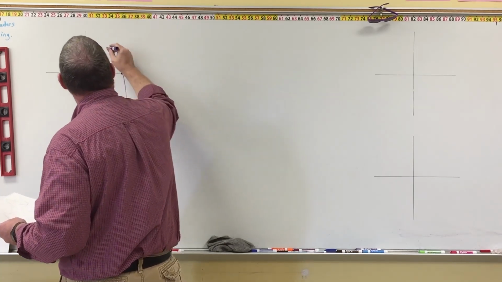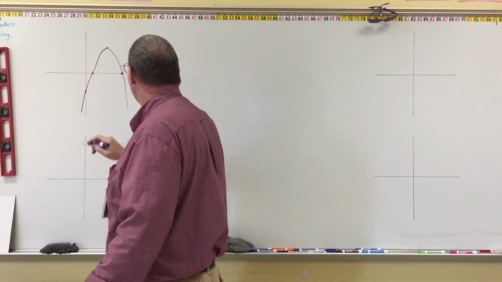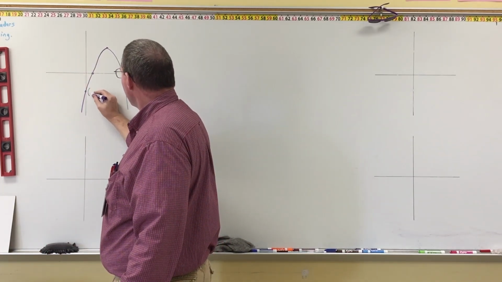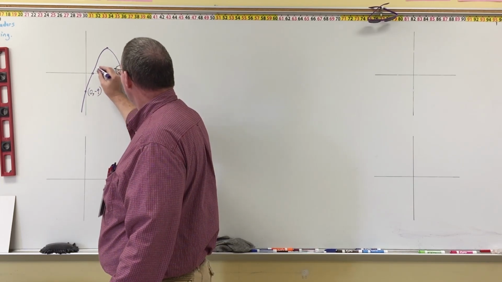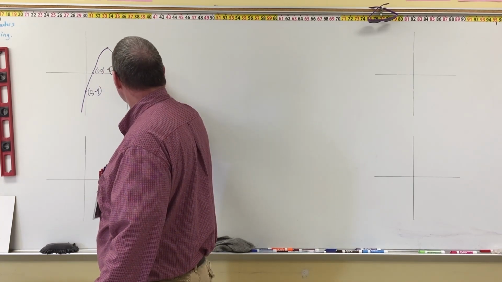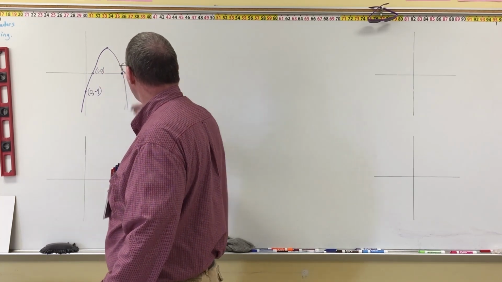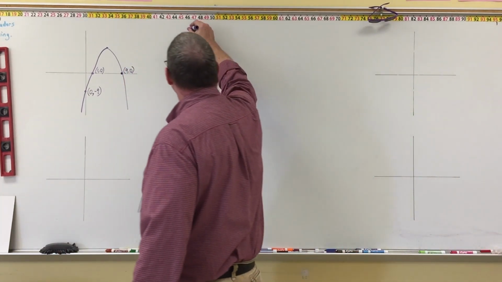And so we're going to go ahead and draw our parabola. It's a little ugly, but this is (0, -9), and this is (1, 0), and this is (9, 0).